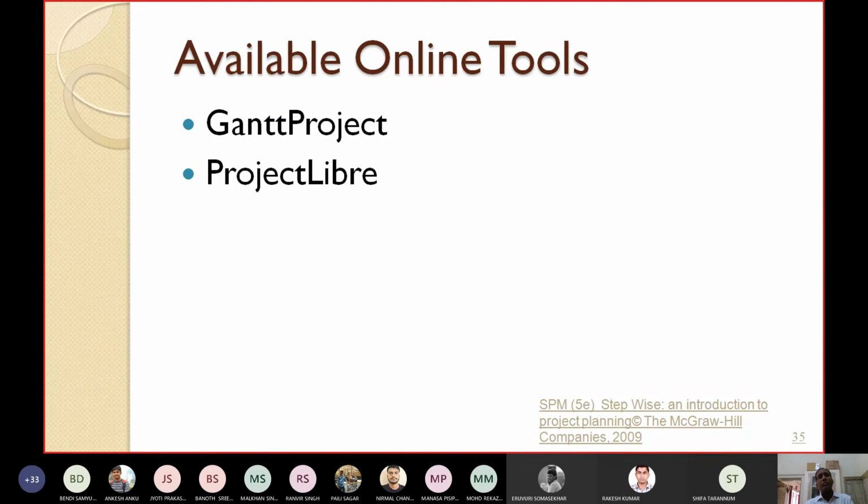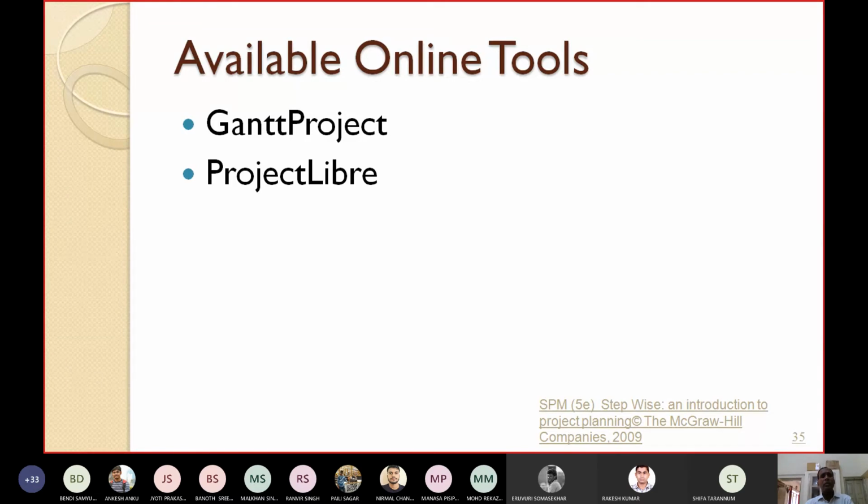For the compiler project, you can assume the durations yourself. The diagram I have already shown. You just download them, read the tutorials and draw them yourselves. I will help by putting up the tutorial for ProjectLibre.